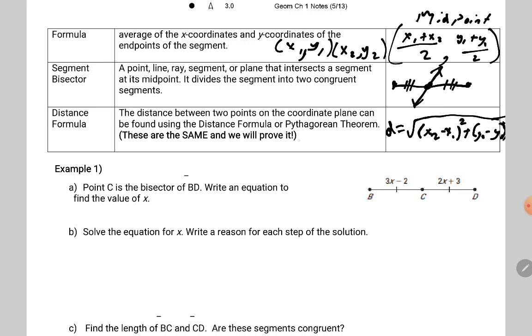So once again, let me rewrite this. x2 minus x1 squared plus y2 minus y1 squared. And that's all under the square root.